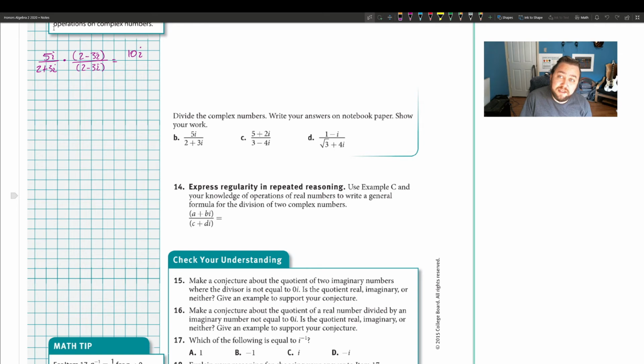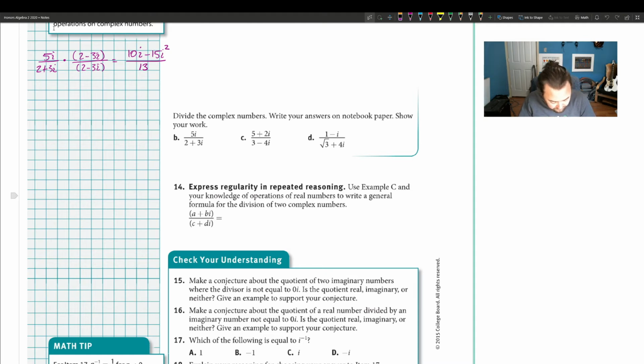And then 5i times -3i would be -15i squared. And if we look at the bottom, if we follow the rules, that problem comes out to 13. If you remember before, when we multiplied a number by its complex conjugate, what happens?